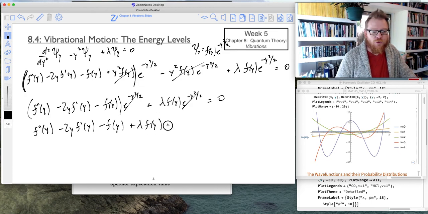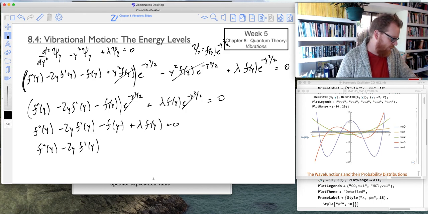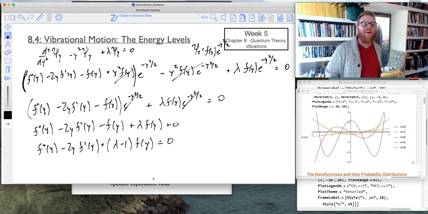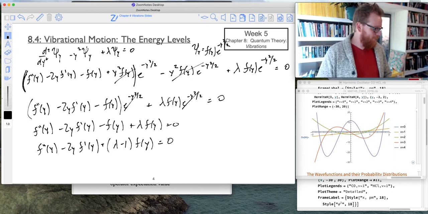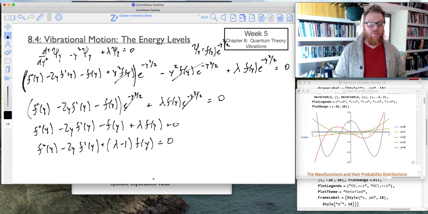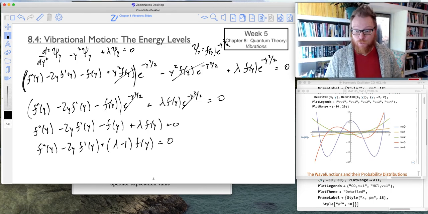Now to simplify even further, we can combine terms with the f of y. That gets combined as lambda minus 1 times f of y, so there's a plus there, all equal to 0. We still haven't solved it, but we've got it in a much more reasonable form.